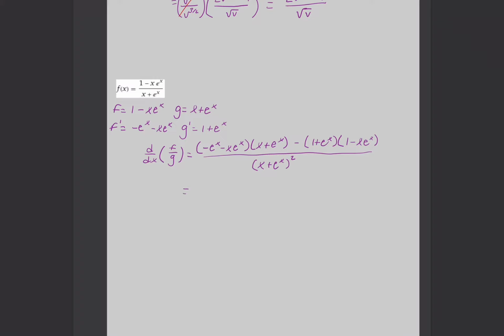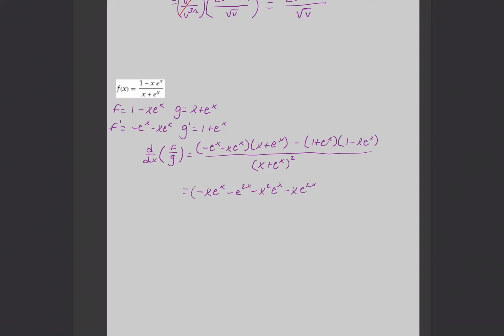Now we can FOIL both terms on the top, and we'll get negative x e to the x minus e to the 2x minus x squared e to the x minus x e to the 2x.